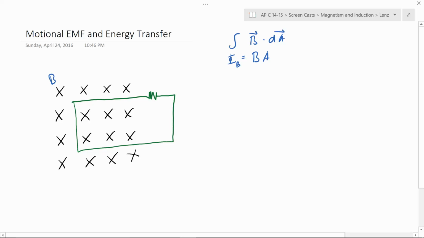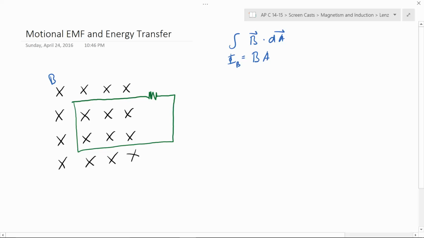Now, magnetic flux, I like to tell my students, if you've watched more than one of these videos, you've heard, that you can vary the magnetic flux in one of three ways. You can vary the strength of the magnetic field. That's not changing here. You can vary the orientation of the area vector relative to the magnetic field. That's not happening here either.